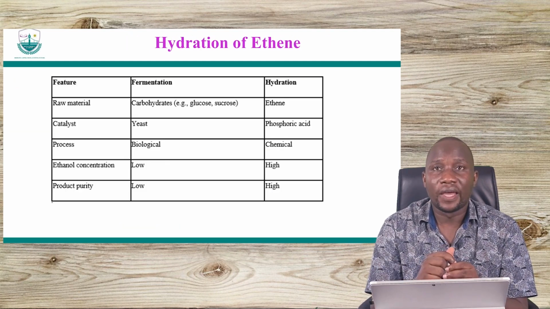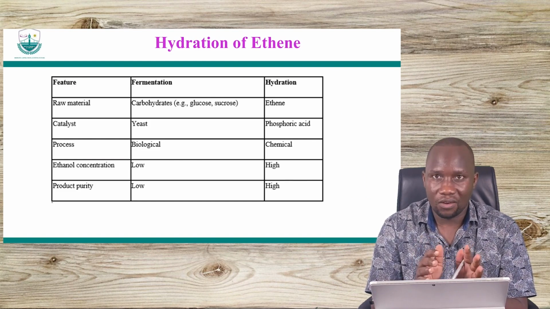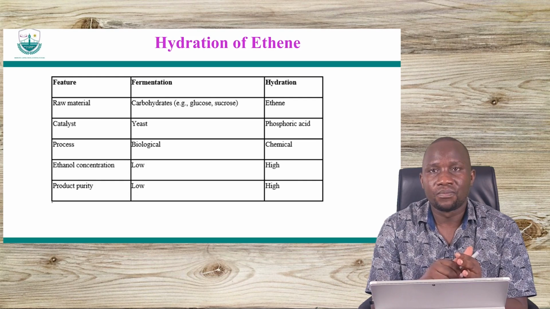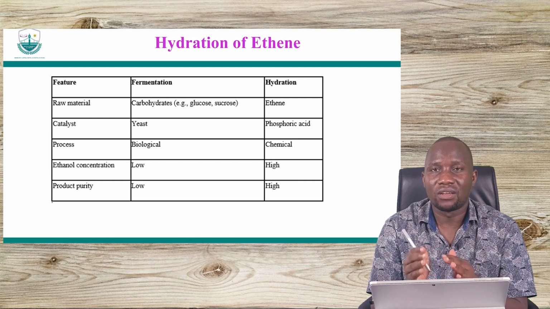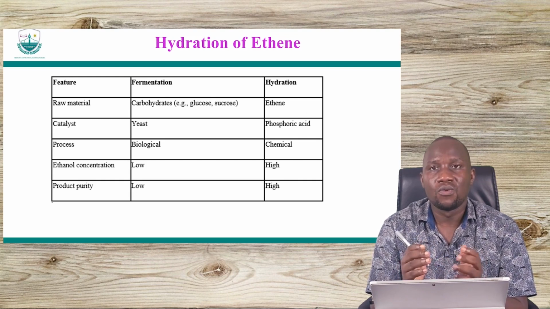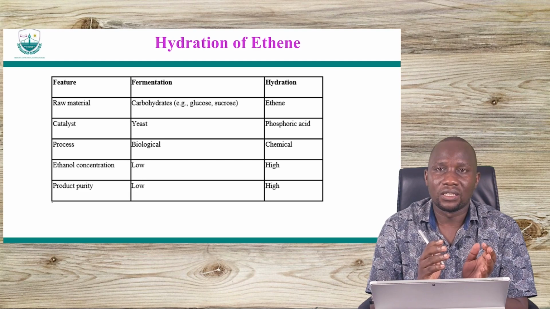So we want to compare how we make ethanol. We said that we can use ethene with concentrated sulfuric acid and get ethanol. We also say that we can ferment carbohydrate sources and get ethanol. So we want to look at the comparison.